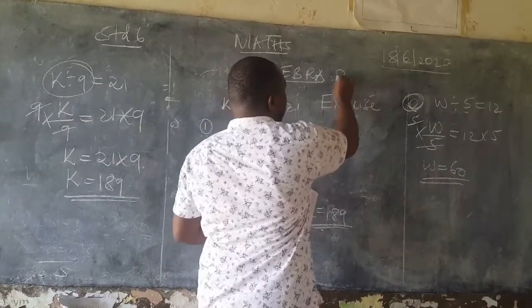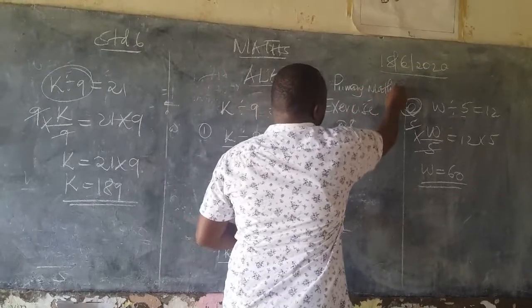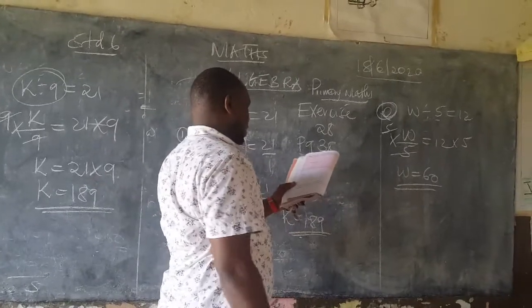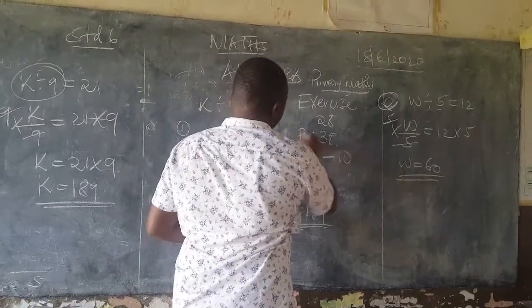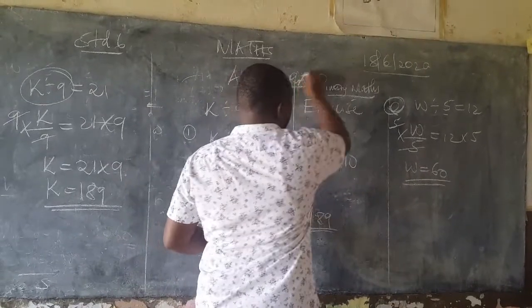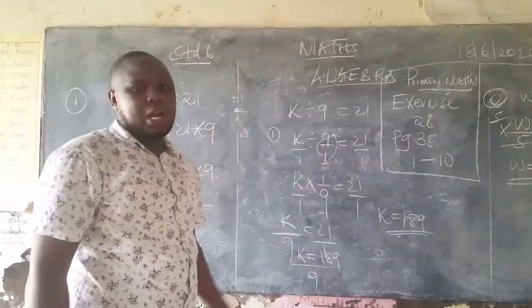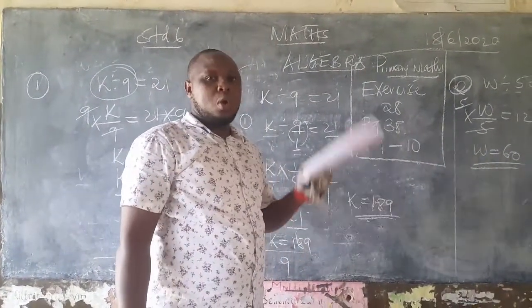This is primary maths. Page 38, exercise 28. I want you to try questions number 1 to 10 as practice questions. After doing them well, you realize that you can solve any question when you are given an exam.